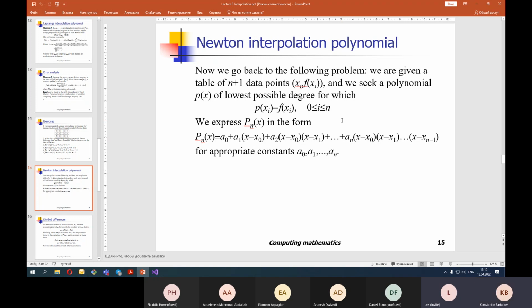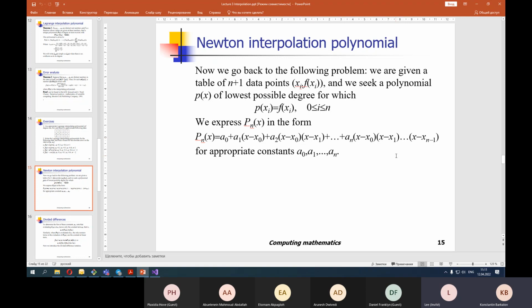And looking at this notation, we can say that there are n plus 1 unknown coefficients, a0, a1, a2, and so on, an.